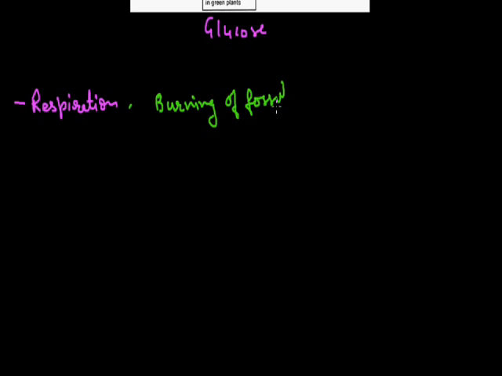Another important process in which CO2 is produced is the decomposition of organic matter. During this process, CO2 is also produced. So these are some steps during which CO2 is produced.